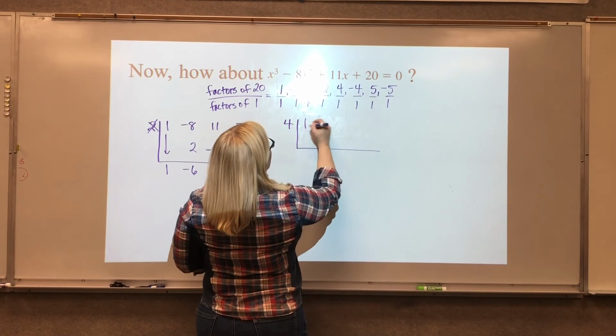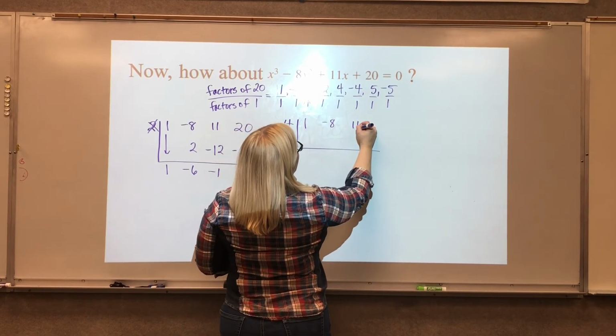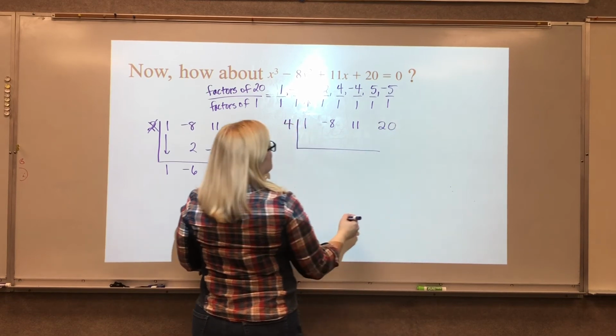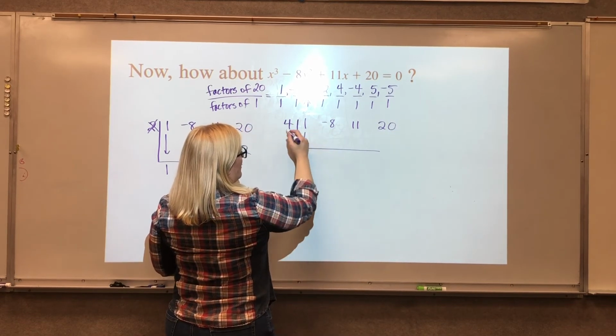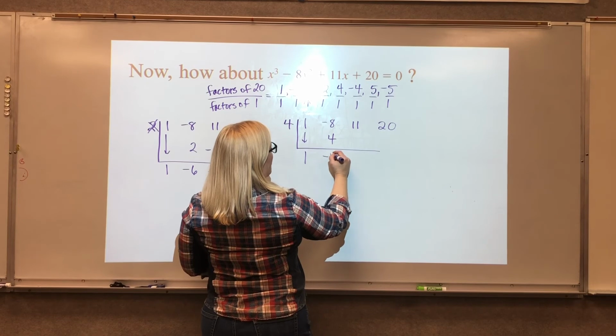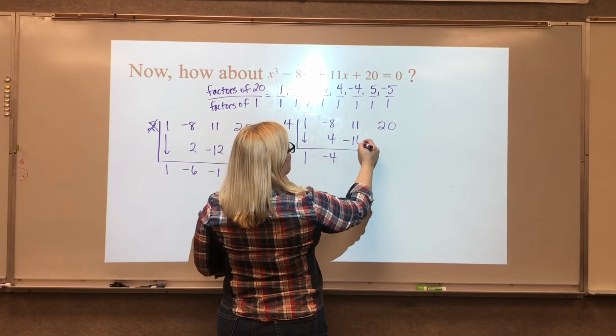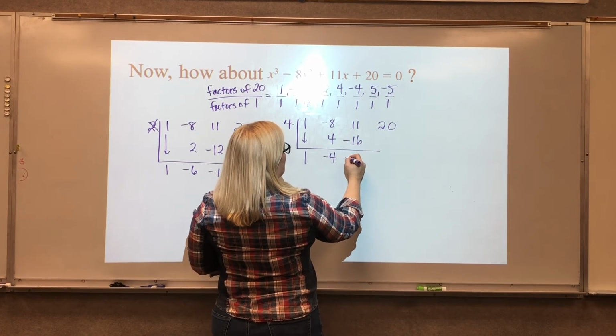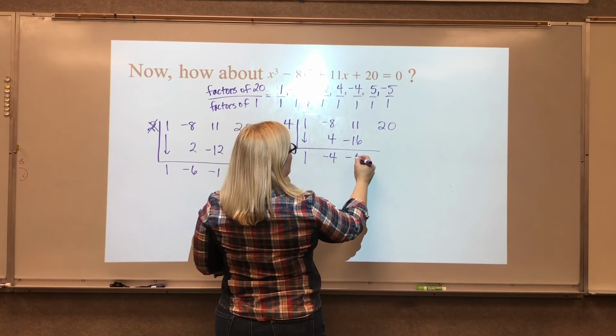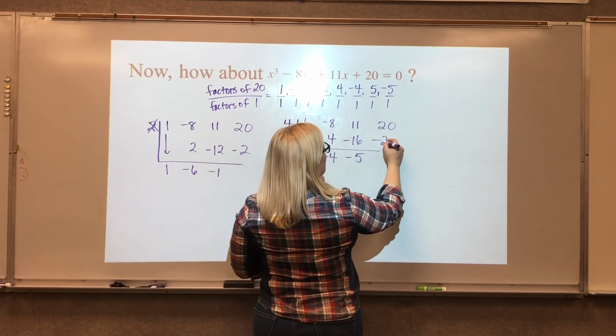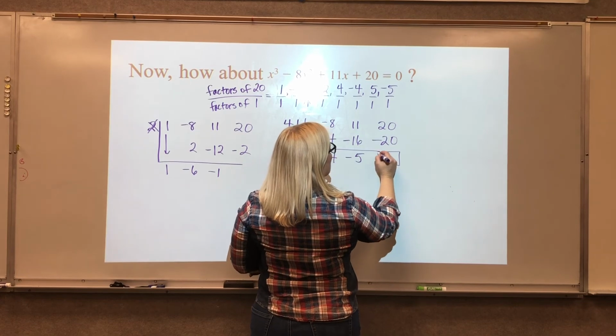And I have 1, negative 8, 11, and 20. So I drop the 1. 4 times 1 is 4. This is negative 4. Negative 16. This is negative 5. 4 times negative 5 is negative 20. Here's my 0.